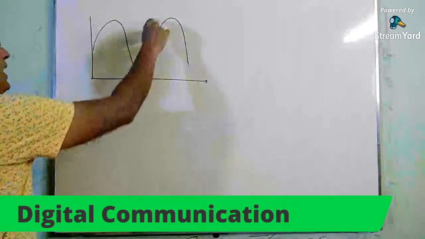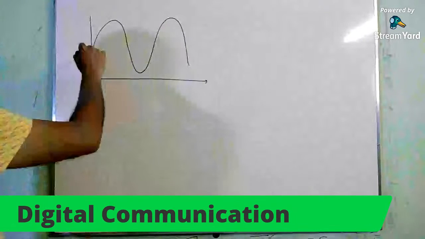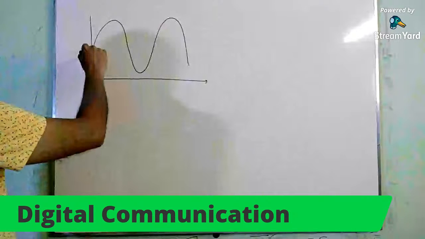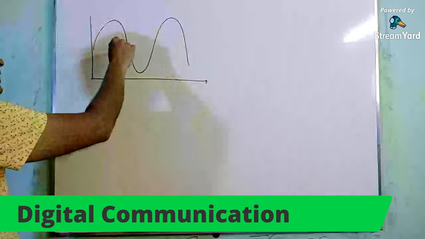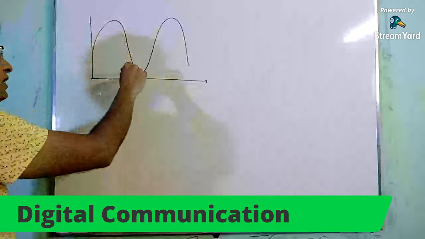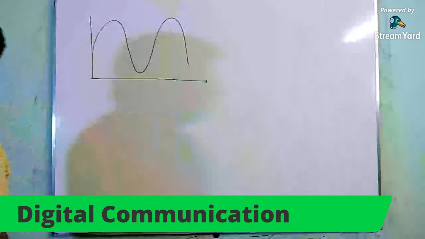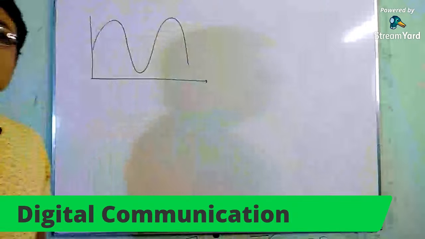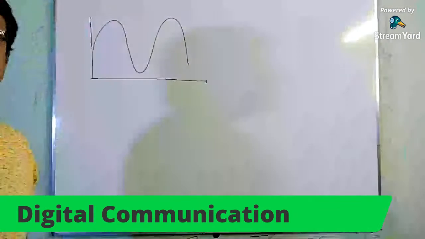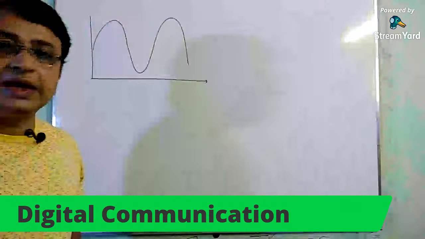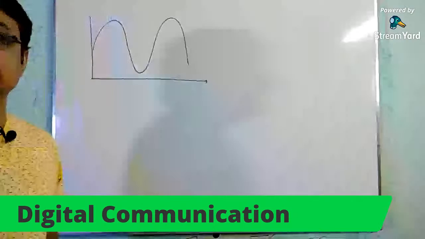That is, the signal starts from some value, say 2 volts, goes to the maximum, then returns to 2 volts, goes below 2, and then repeats itself. But when this signal is converted into its digital form, the digital signal must contain some discrete, discontinuous values.